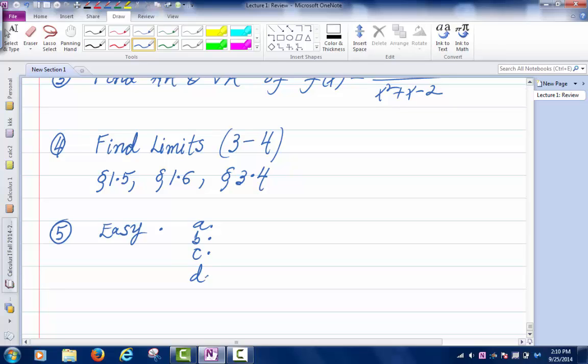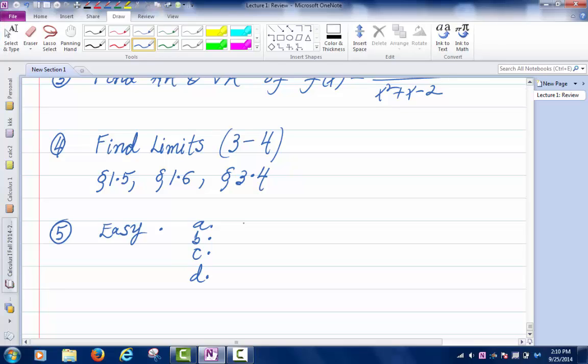And what I'm looking at, 2 of them that I'm going to look at is, given 2 functions, find the composition of that. Find the composition function.